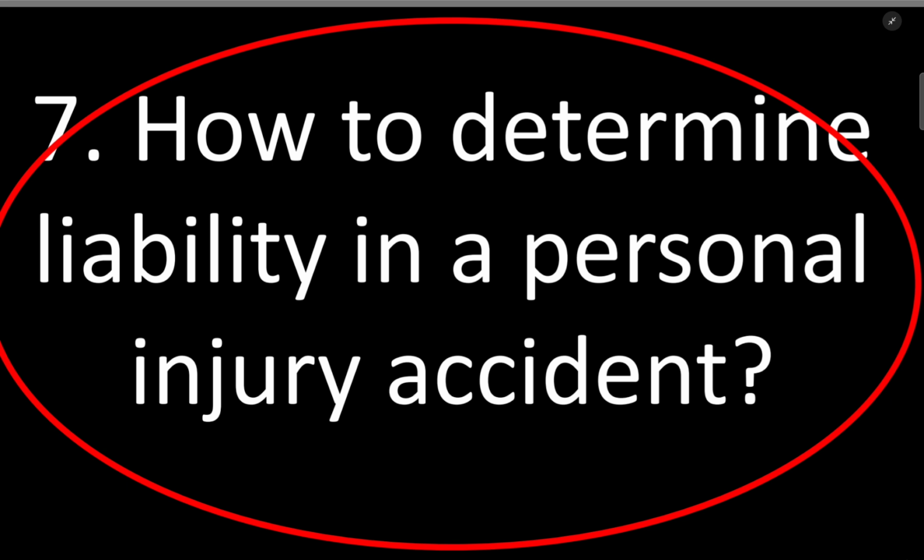Property owners. If an injury occurred due to a hazardous condition on someone's property, for example, a slippery floor or broken stair, the property owner could be held liable. Employer.